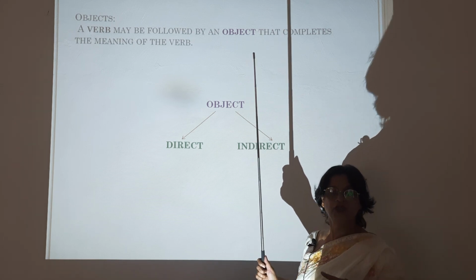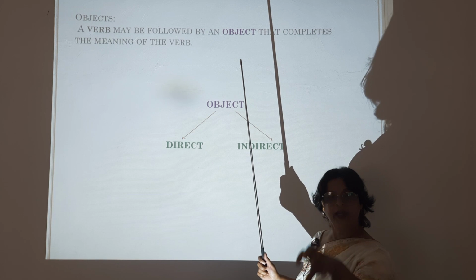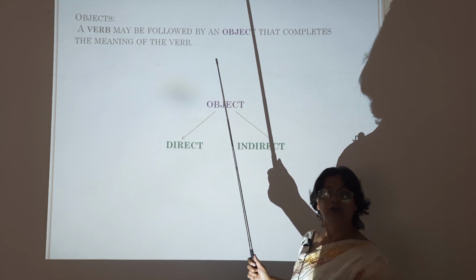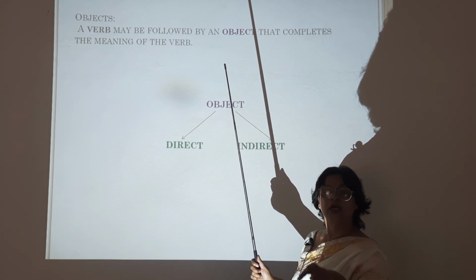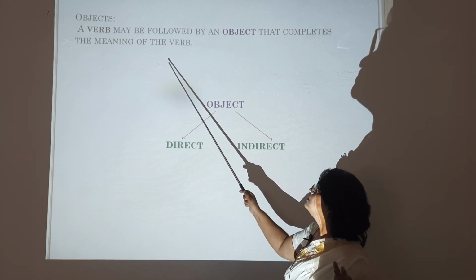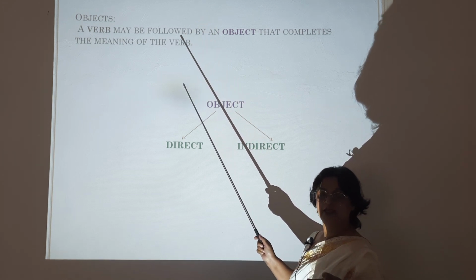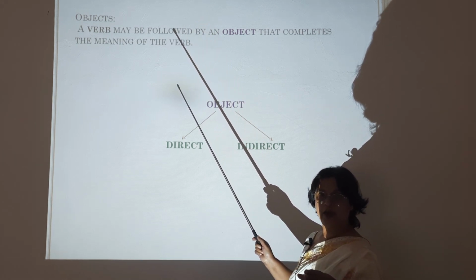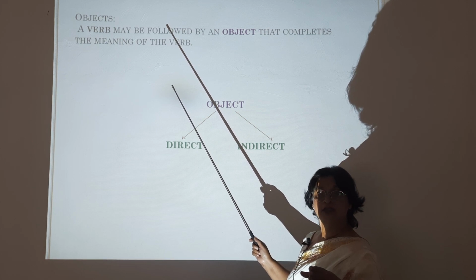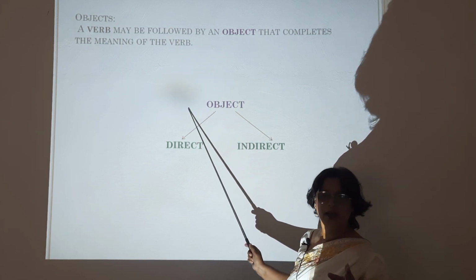When a verb is always there, then you say a predicate is required. What gives the predicate the importance? It is the verb. So in a sentence, when we say a subject and a predicate is required, what in the predicate is required? It is the verb. Object is not necessarily required in a sentence.